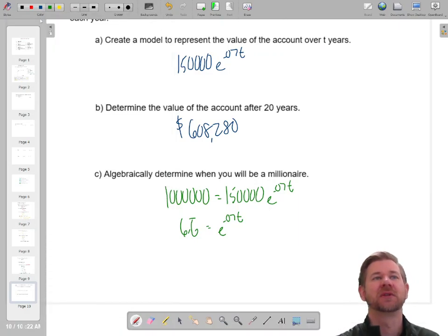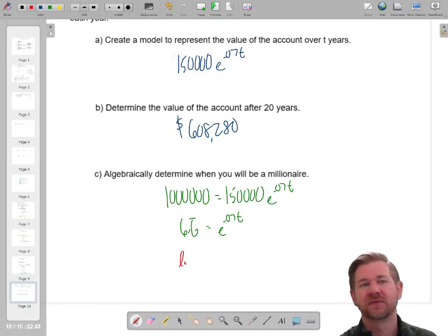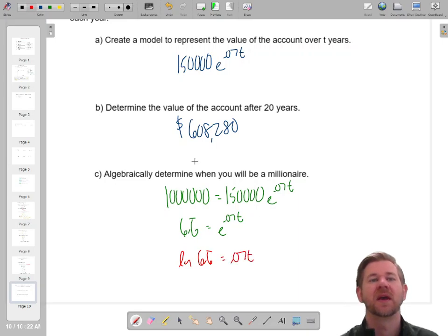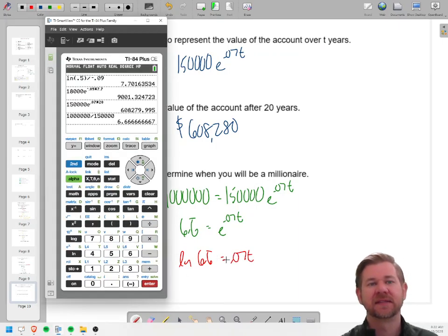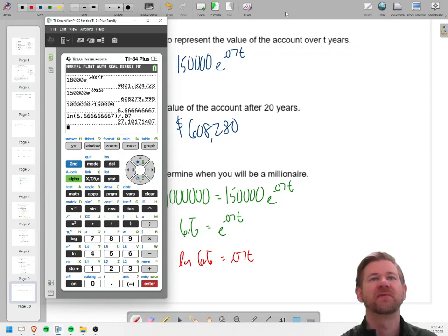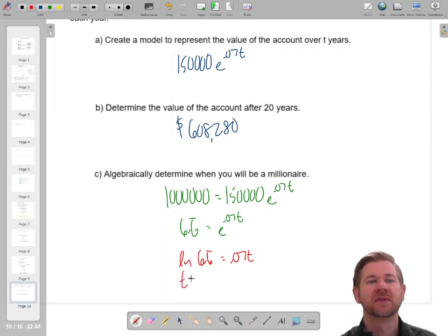Now we need to take the natural log of both sides, or think about it as rewriting it as a natural log. And now I'm going to divide to get t by itself. You divide by 0.07. So we're taking the natural log of this number divided by 0.07. 27.1. T equals 27.1 years.